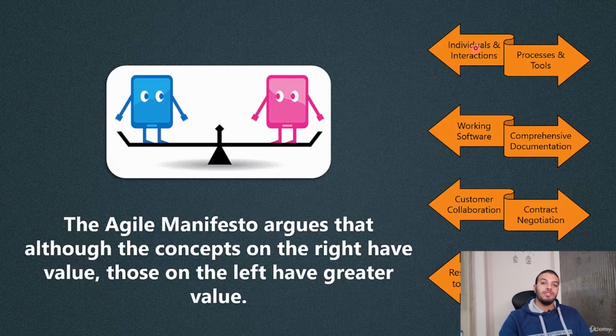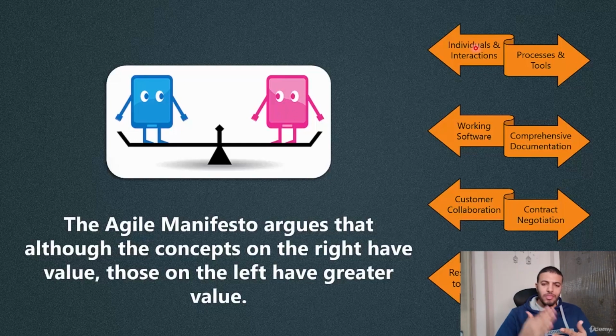Yes, individuals and interactions are important, but processes, tools, documentation, contracts, plans are important, right? Yes, this is right. Agile does not say that we should remove all these things that are on the right hand. No, it says that if there is a contradiction between the things on the left hand and the things on the right hand, we will favor the things on the left hand, okay? If we have to choose between them, we choose the things on the left hand.